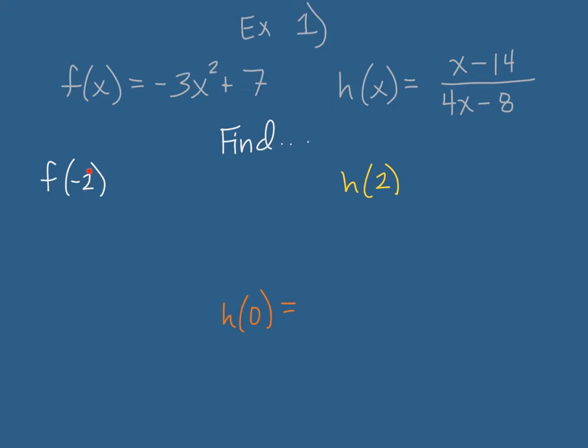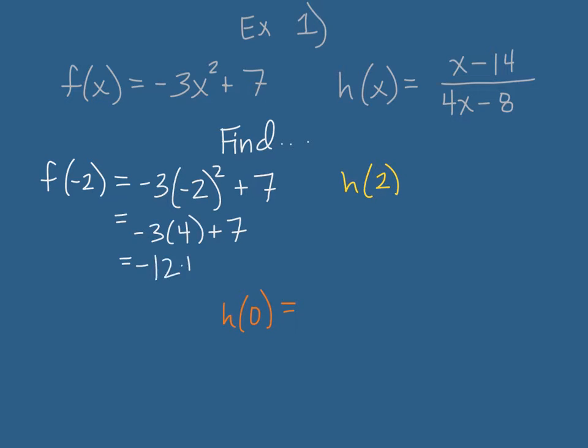That just means that everywhere there's an x, we want to plug in -2, and especially because it's a negative number, we need to make sure that we put it in parentheses and follow our order of operations in order to simplify. We are going to first square -2, then we'll multiply by -3, and then finally we will add 7.